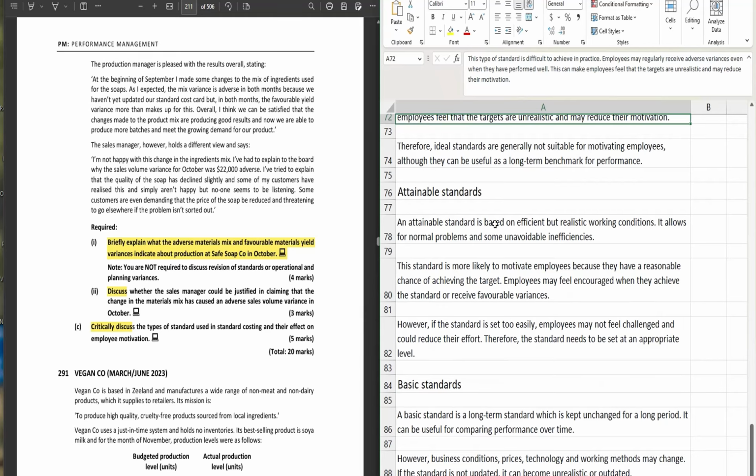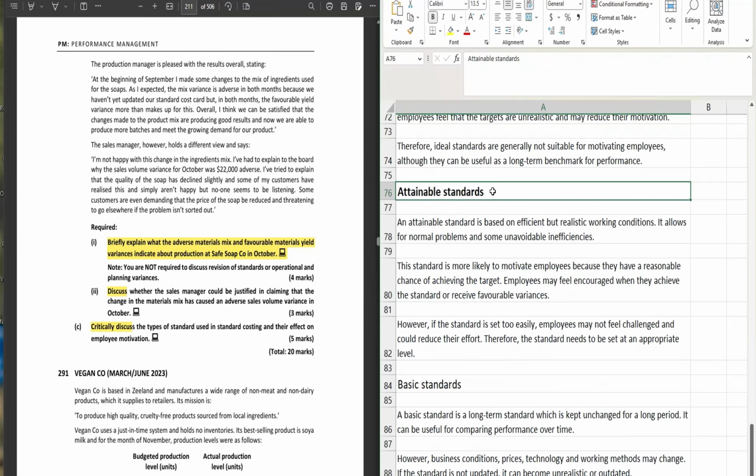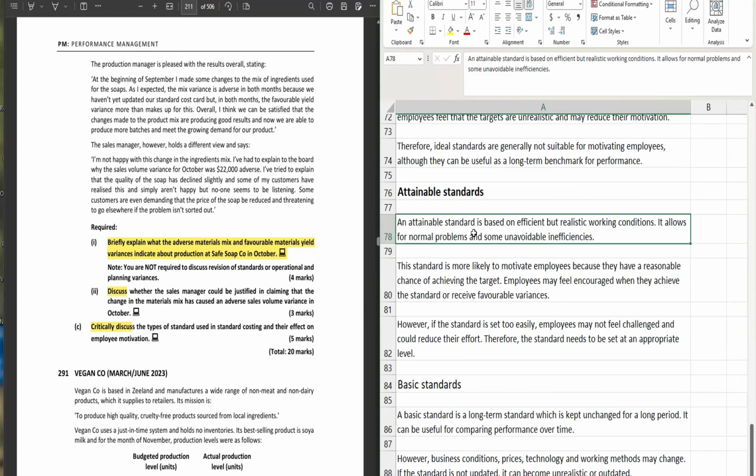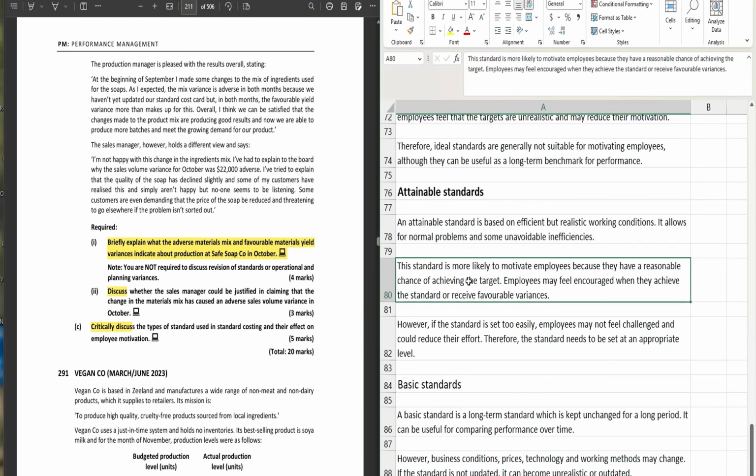Now for attainable, as the opposite of the perfect ideal one. As the name itself suggests, the standard has been set based on efficient but realistic working conditions. So it allows some idle time, it allows some machine breakdown, it allows that labor will fall sick, there will be some inefficiency, everything has been accepted. Now this standard is more likely to motivate the employee because they have a reasonable chance of achieving the target.